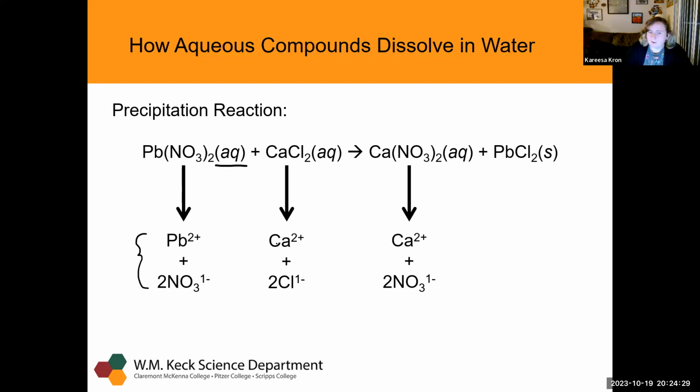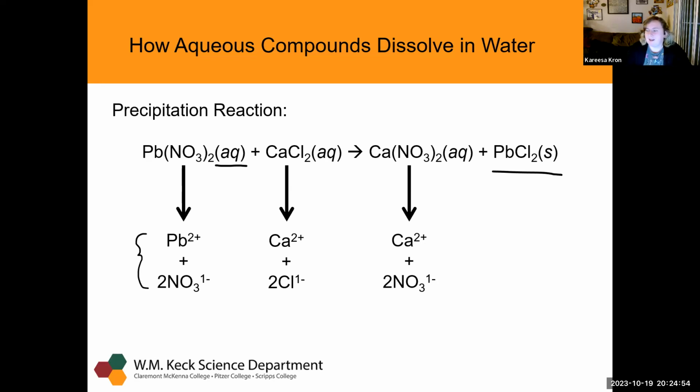Calcium chloride falls apart into calcium 2 plus and 2 chloride 1 minus. Calcium nitrate similarly falls apart into calcium 2 plus and 2 nitrate 1 minus. And then the solid stays together. It hangs out as a solid. That's the concept of precipitation, which we've observed in some of the lab reactions we've done.